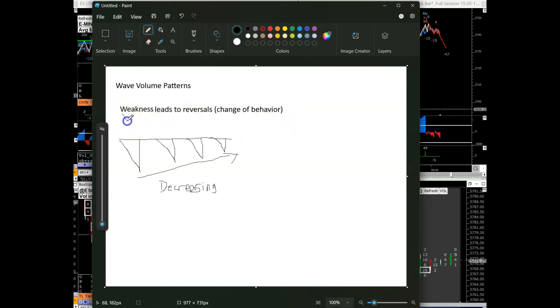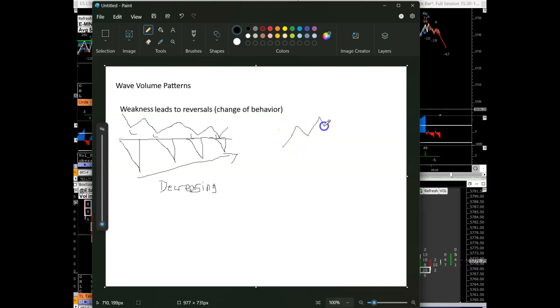So it'll be like down, down, down, down. As it's making a low to low to low to low, the volume is decreasing. So in a downtrend, it looks like that.